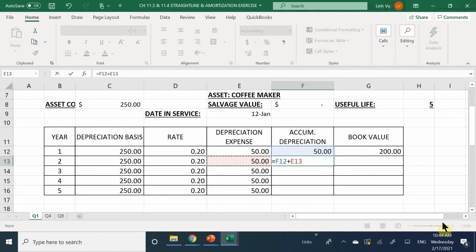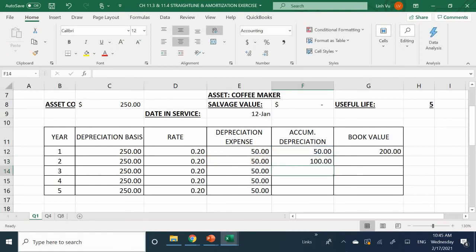What is my previous year's plus my current year's? It'd be 100. Okay. So therefore, what is my book value for year 2? Be careful. What is my asset cost? 250. What is 250 minus 100? Oh, I'm sorry. Yeah, 150. It'd be 150. Okay. Good.